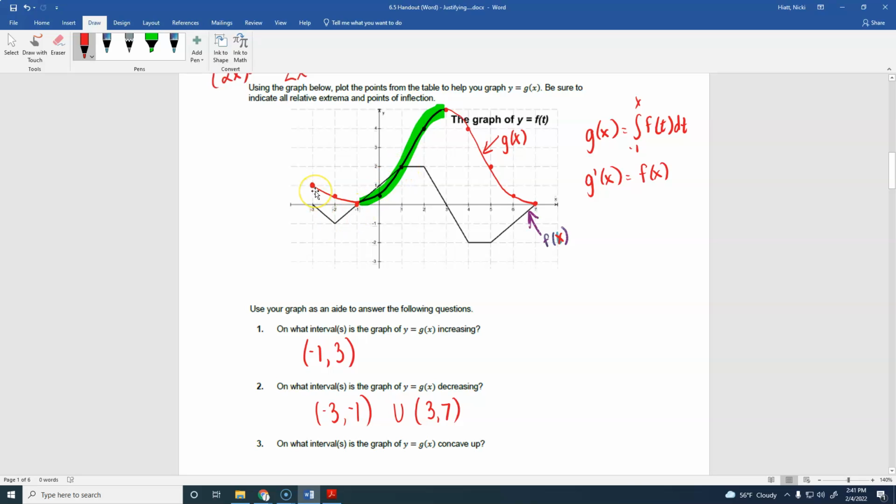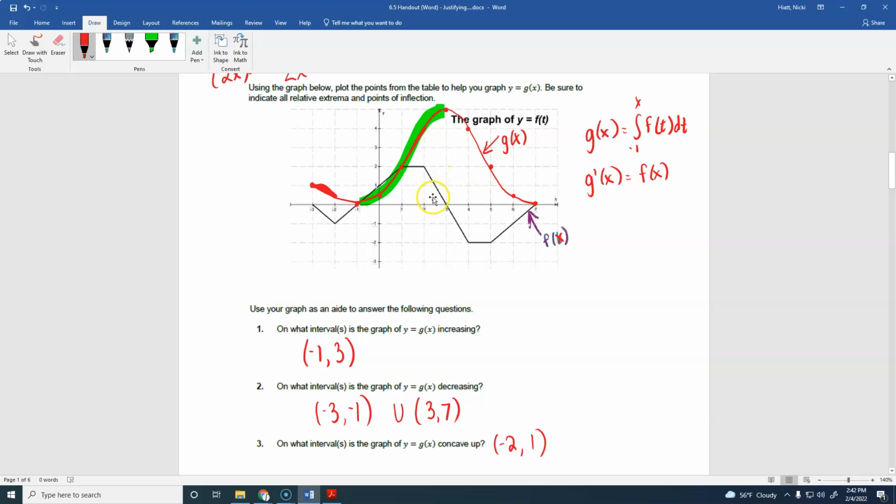So we would only be concave up from -2 to 1. This right here would be a perfectly straight line. Same thing right here. Actually, that would be a little bit concave down right there. Right here, we'd have a perfectly straight line because we have a constant rate of change there.